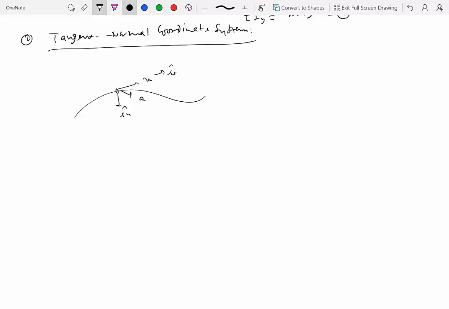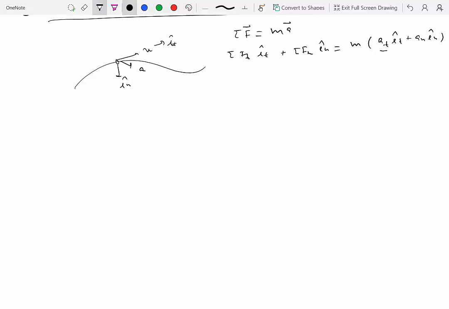So we have et hat and we have en hat. So sigma F equal to ma, of course, still applies, and this would be sigma Ft along tangential direction plus sigma Fn along normal direction equal to m times acceleration, which is also along tangential direction and normal direction.